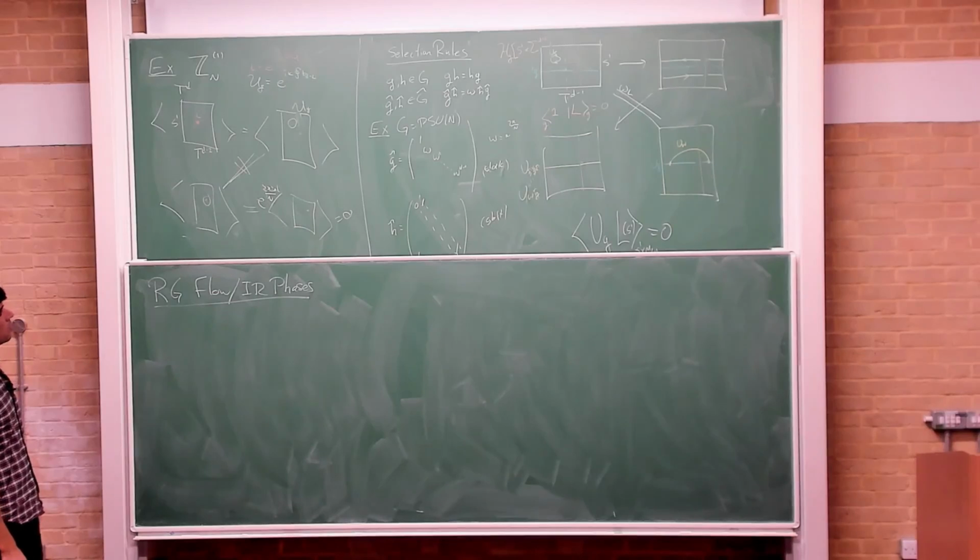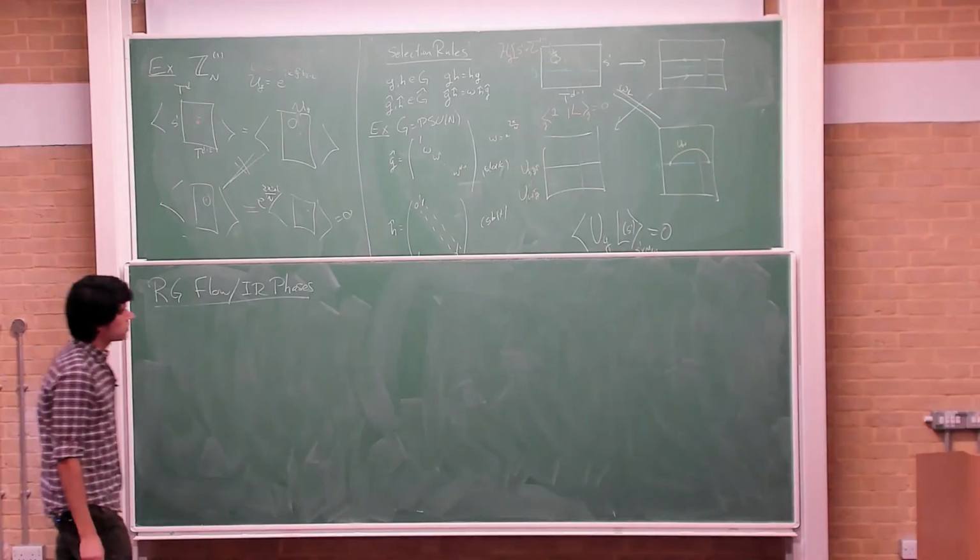So essentially, these selection rules are cool, and there is a new example you can derive with them.